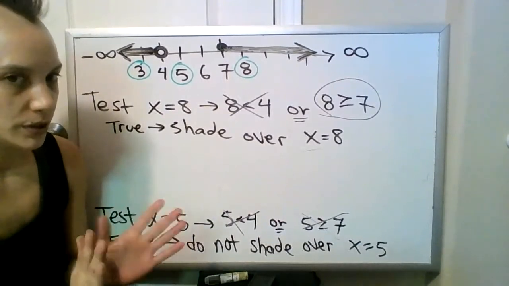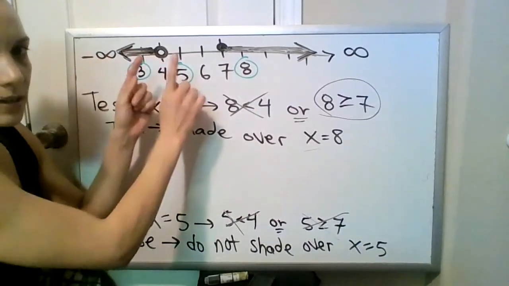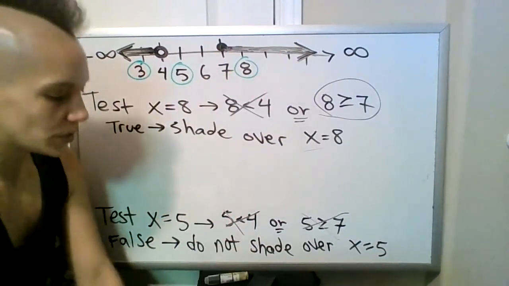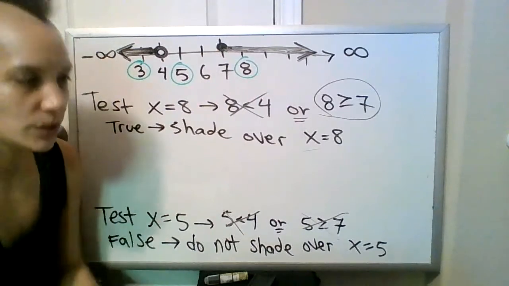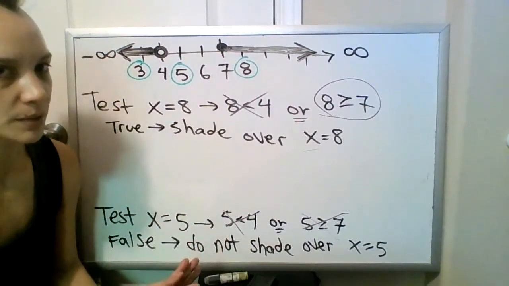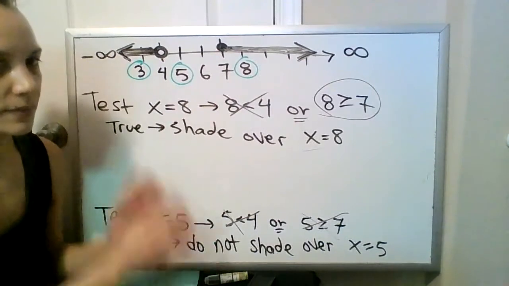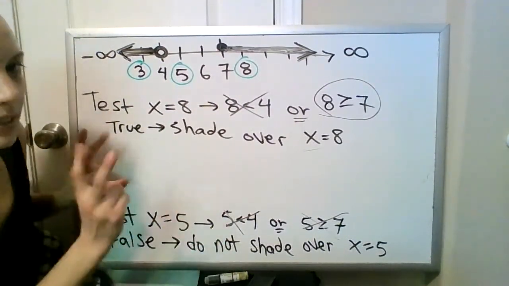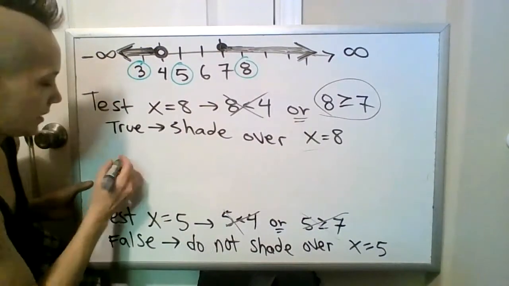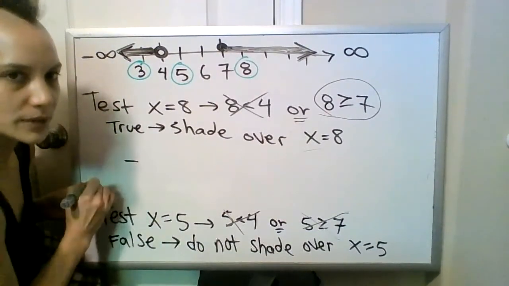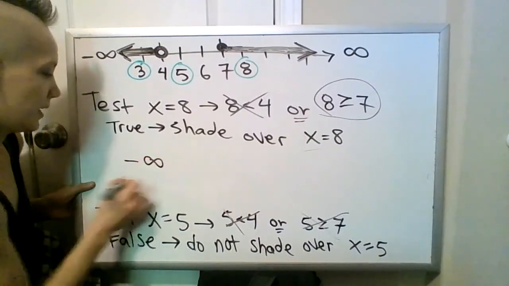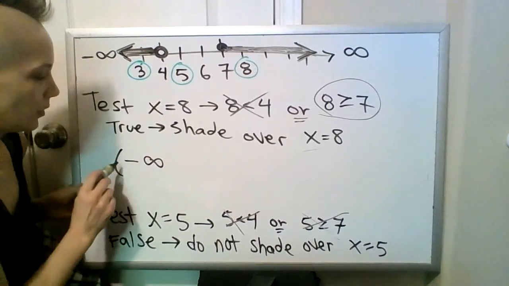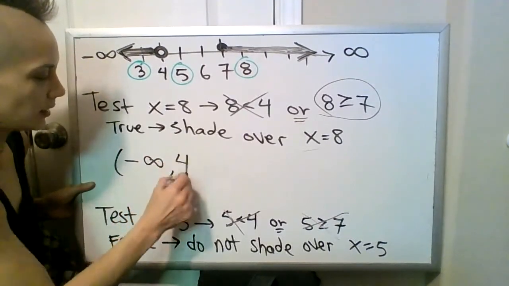So what we'll do to put two sets together, this set or that set, is use the union symbol. So we union the two sets written in interval notation. So the first set, again, smallest number on the left side, which is negative infinity. It's not a number, it's just our lower bound. It has a parenthesis on it every time. Going from there over to 4 and do not include 4.